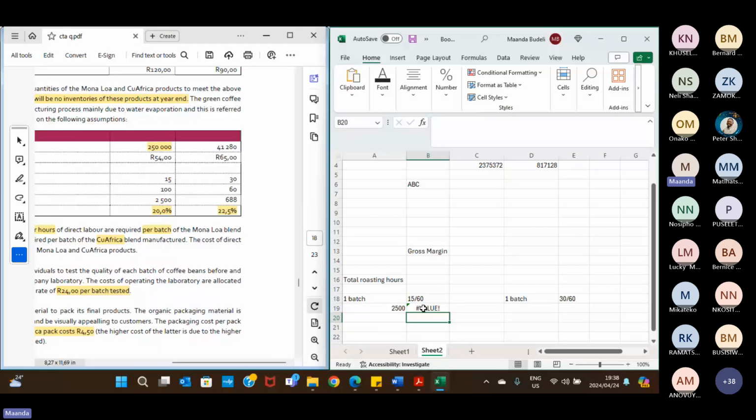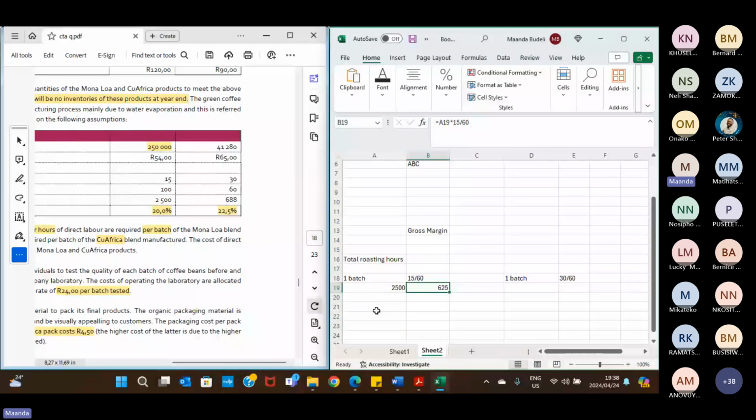So this multiplied by, what is it giving me? This is 15 over 60, which will give me 6.2. So for M, in terms of roasting hours, I get for M, and then I have for C, and then I have my total. So for M, this will be 625. And then I do the same thing here.